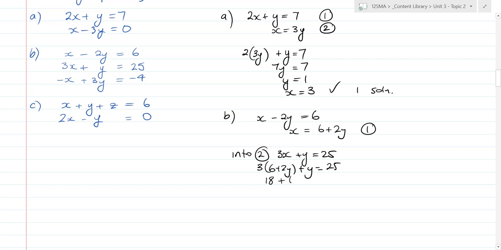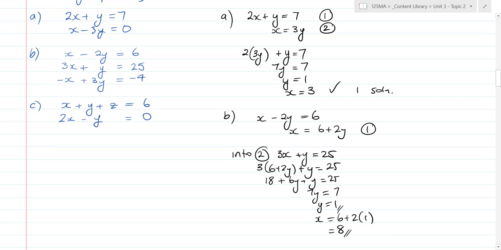And that gives us 18 plus 6y plus y equals 25, which is nice because that gives us 7y equals 7, y equals 1 again. That gives us x is equal to 6 plus 2 times 1, which is 8.